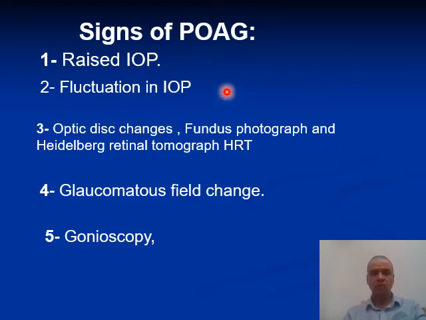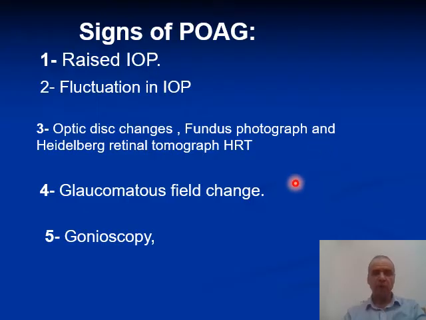Signs of primary open-angle glaucoma include rising of IOP more than 21 and fluctuation of intraocular pressure. Normally there is a fluctuation in a normal person, but this fluctuation should not be more than 5 millimeters of mercury between, for example, morning and evening. Also, you can see enlargement of the CD ratio by fundal photograph, by Heidelberg retinal tomography, and also by OCT.